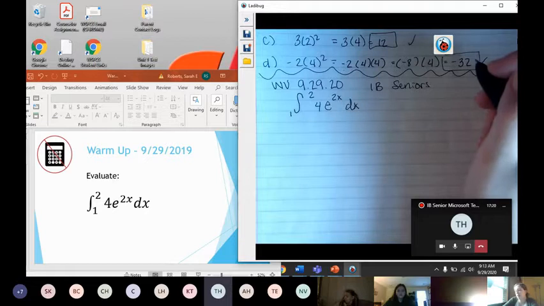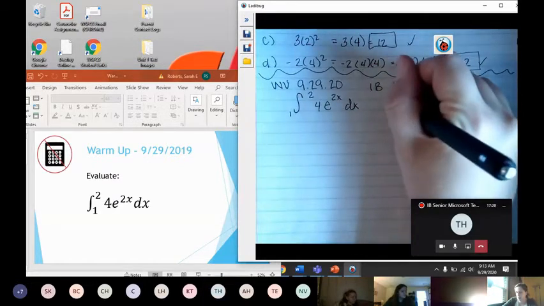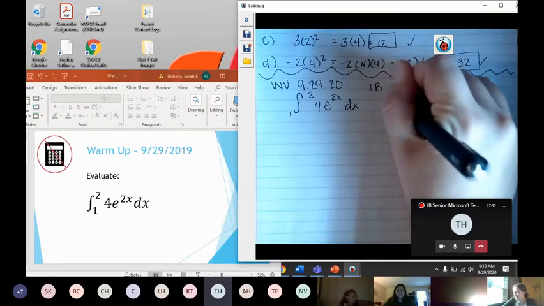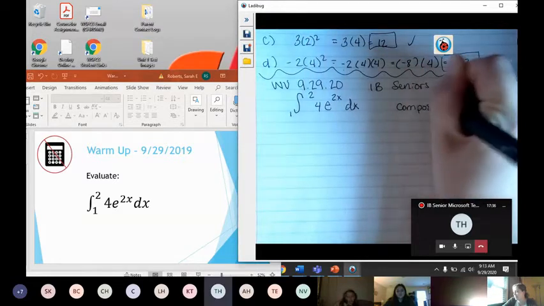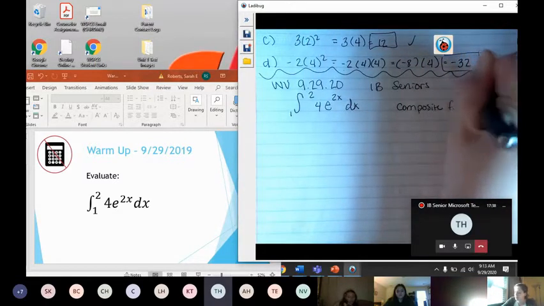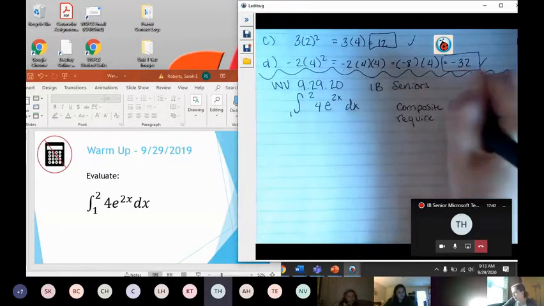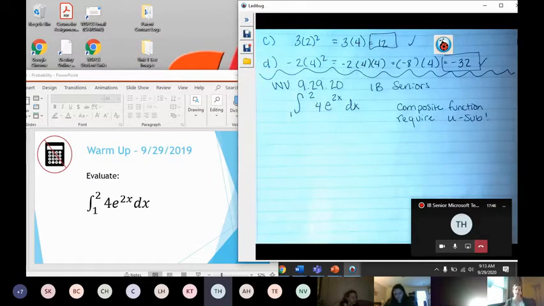Well, first, do you remember the term that describes a function inside of another function? No. Okay, composite. And composite functions require U substitution. Okay, so what is my U in this case, Ted?